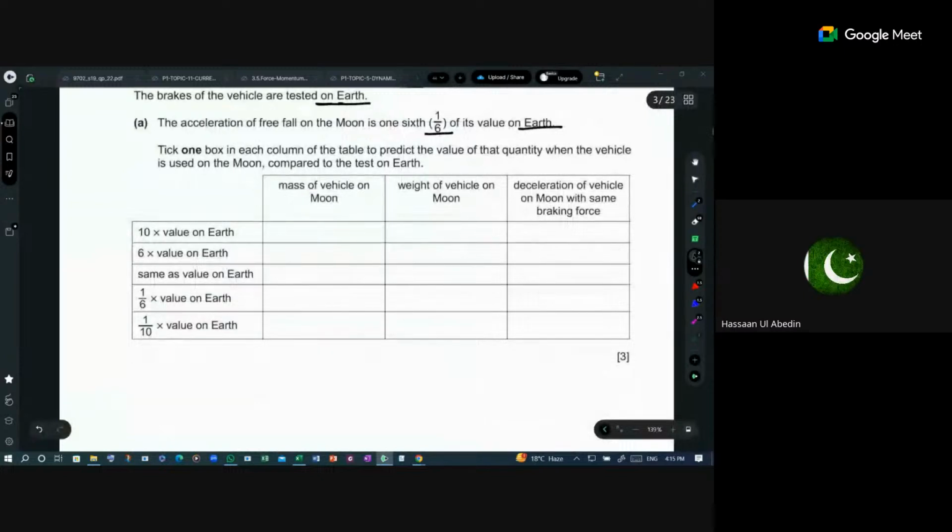Now, what is the mass of the vehicle on the moon? Will it be same, less, or greater? Column one. I'm talking about column one. The mass of the vehicle when it is tested on the moon and earth.